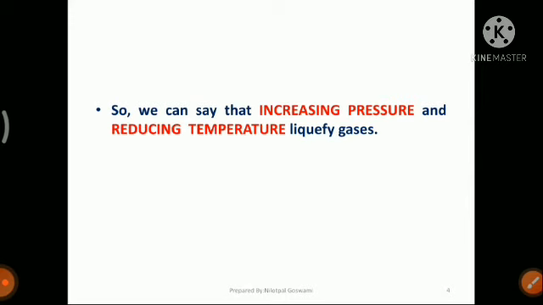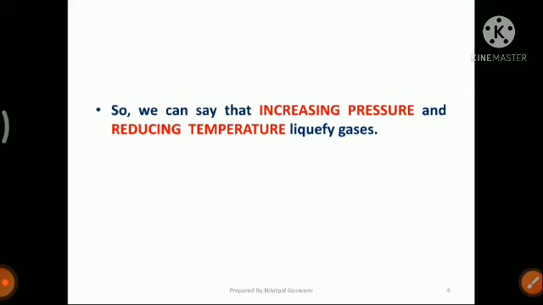When you condense it, that means we reduce the temperature of the gaseous particles, especially water vapor, and we will find that water droplets form. That means the water vapor in its gaseous state changes into liquid state as soon as the temperature is reduced. These two factors, increasing pressure or reducing temperature, help us in liquefying gases. This is an important point to remember.